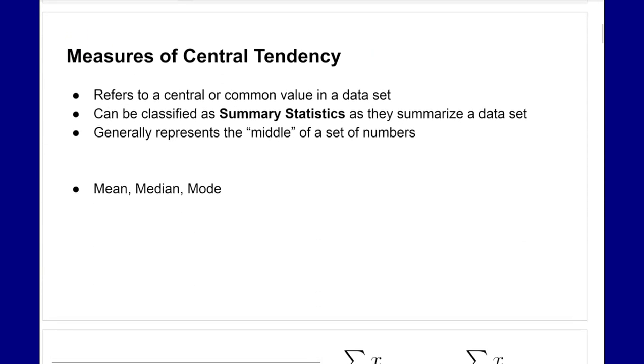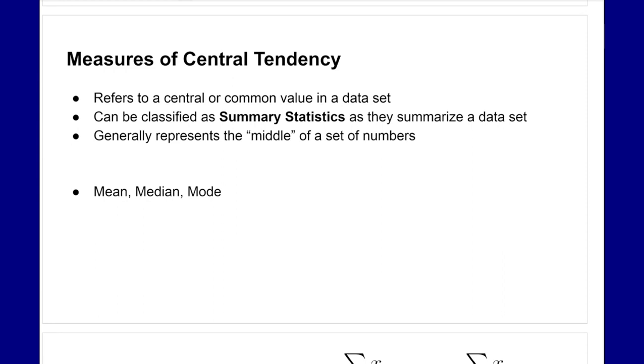So the first thing we're going to look at today is measures of central tendency. This is one of the tests or statistical values that we can find that can help us analyze. You've probably heard of the measures of central tendency before. They refer to a central or common value. Sometimes they can be classified as summary statistics because they summarize a data set.